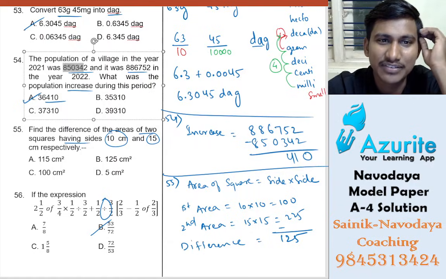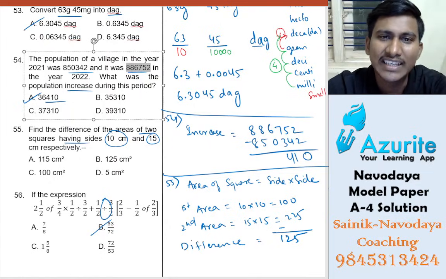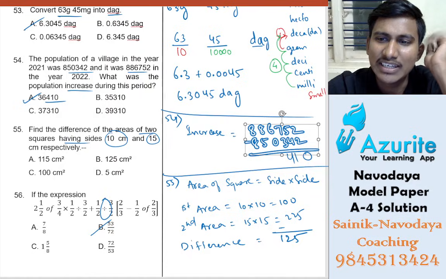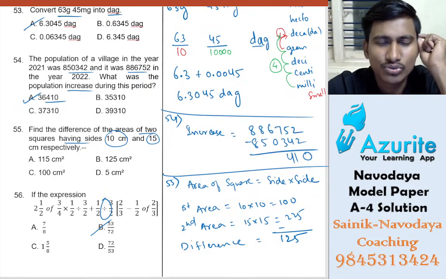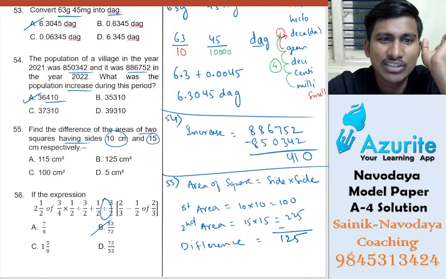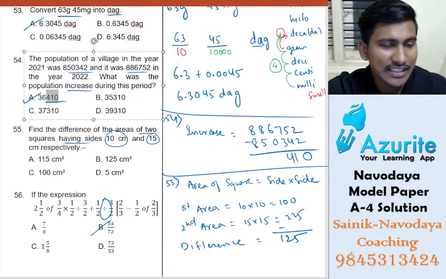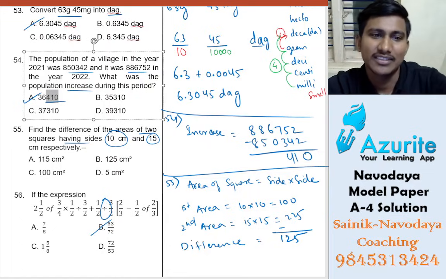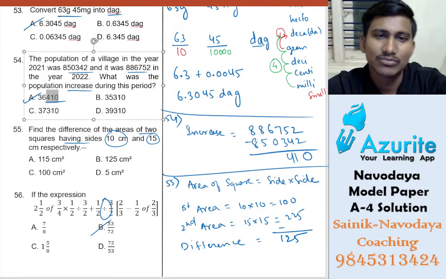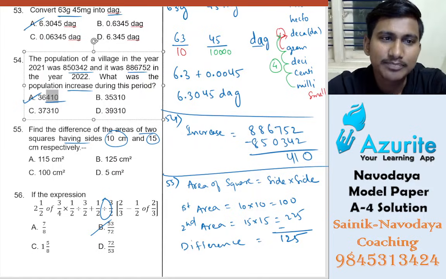If you want to find the increase, subtract. If you subtract, here 2 minus 2 is 0. Here 5 minus 4 is 1. Here 7 minus 3 is 4. So 410. 410 is in which option? It is in option A here. That is why option A is the answer. You don't have to completely find it, you can go with the options. Okay now? Understood?